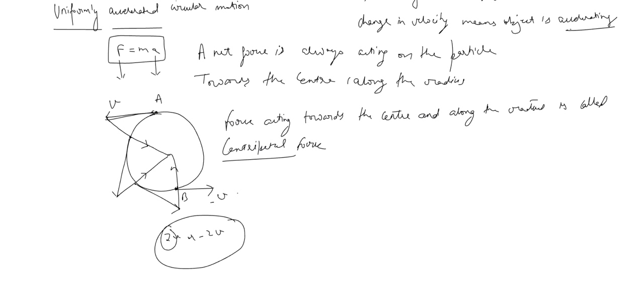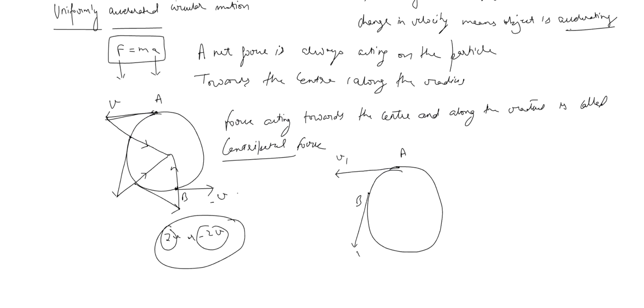Change means, see, you consider this. Let's say this is a circular path. This is point A, this is point B. If I consider at point A the direction of the velocity, this will be the direction of velocity, let's say V1, and at point B this will be V2.